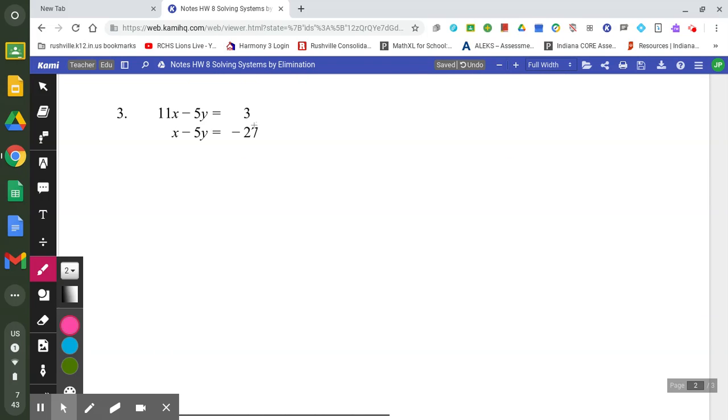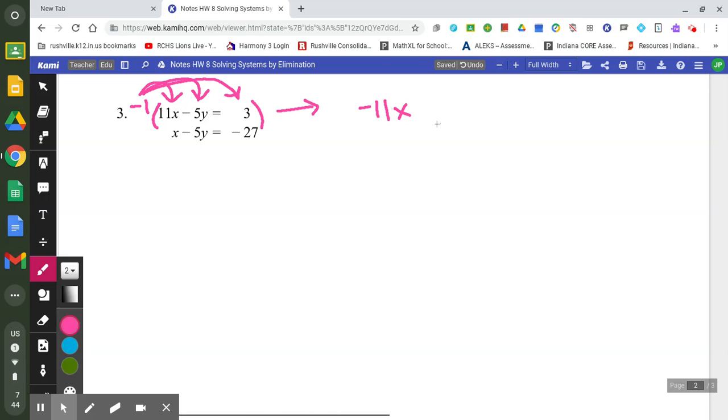On the third problem, my y's are almost ready to eliminate, but they both have a negative sign, so I need one of those to be positive. So I'm going to multiply all of these terms by negative 1. And then I'm going to rewrite what I get out to the side. So negative 1 times 11x is negative 11x.